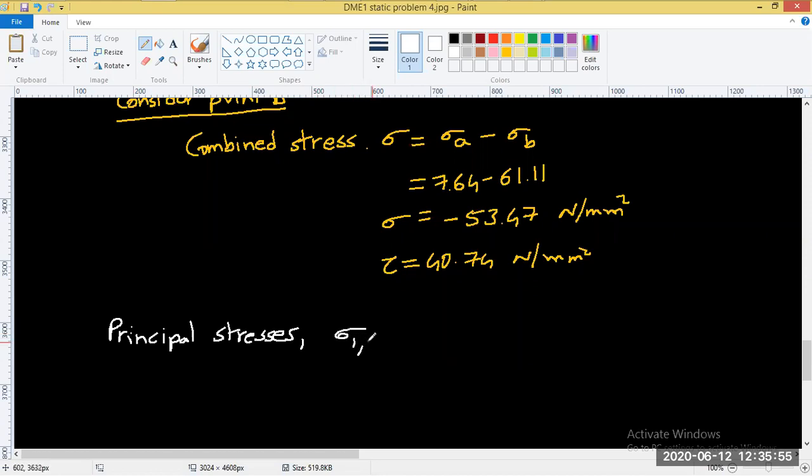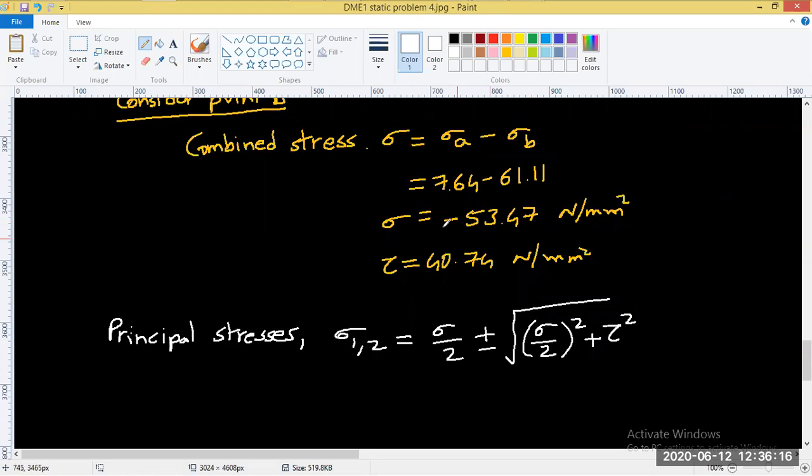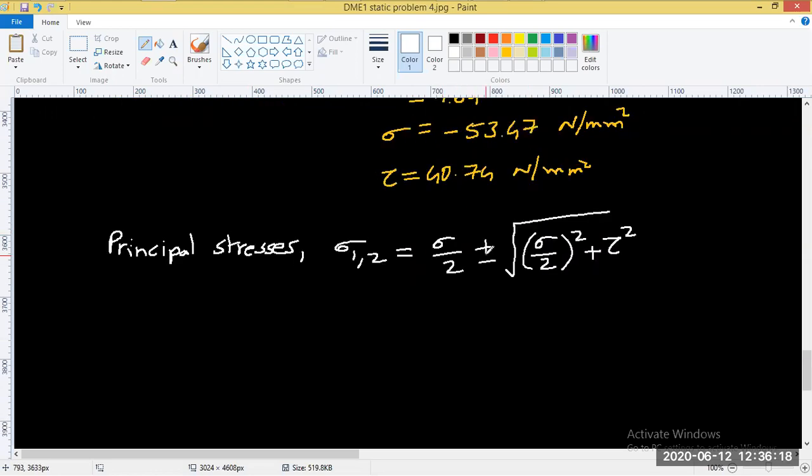So sigma 1, 2 for this problem, again in the condensed form, is sigma by 2 plus or minus square root of sigma by 2 the whole square plus tau square. So same like previous step. Only thing that changes here is it's negative. That's it. No big change. So it's just a repetitive process.